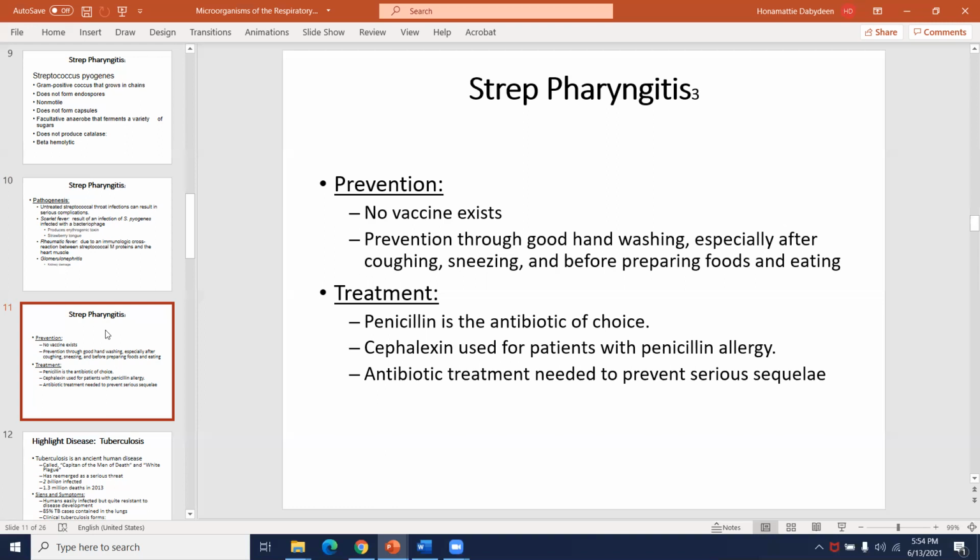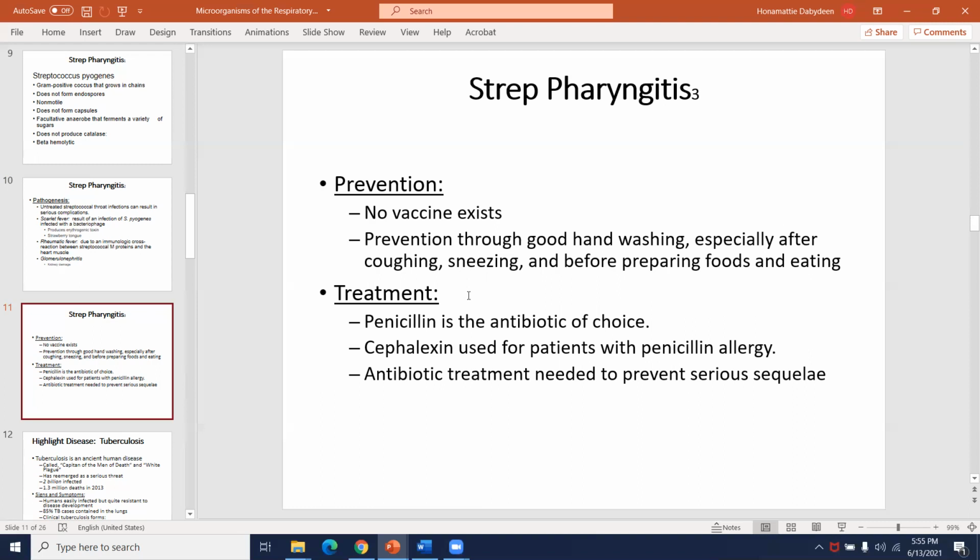It's very, very important that you do your hand washing. I told you many times before, probably one of the most important things you can do for yourself and for everybody around you is hand washing. We don't have any vaccines available for pharyngitis, so you really have to be diligent and try to protect yourself from contracting the organism.